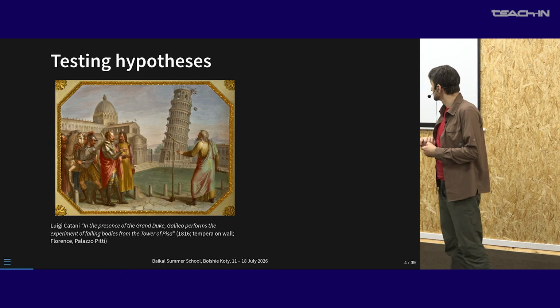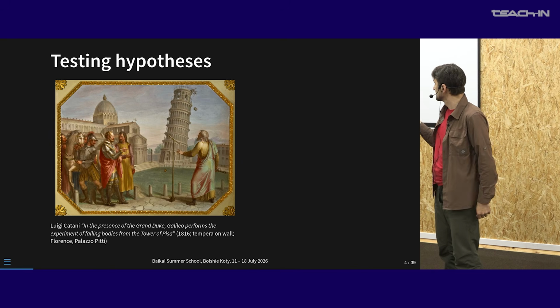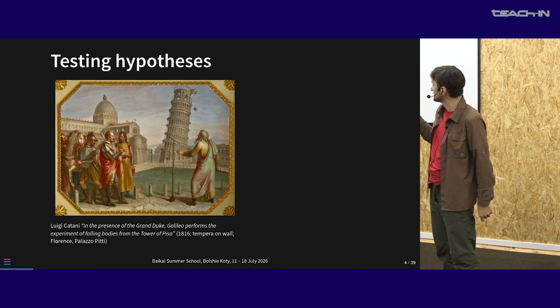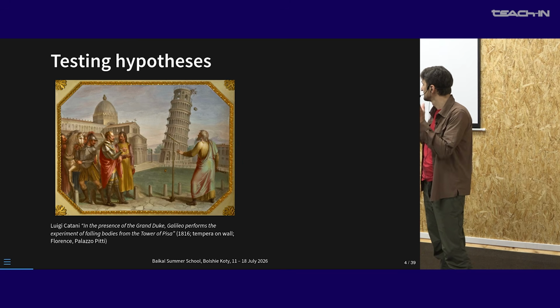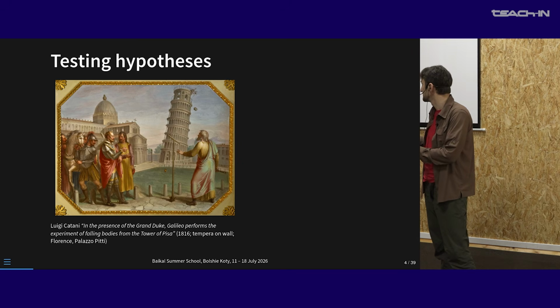Yeah, the slides are dark. But this is a legendary experiment by Galileo where he dropped different objects, the cannonball and the rifle bullet, off the Pisa Tower.